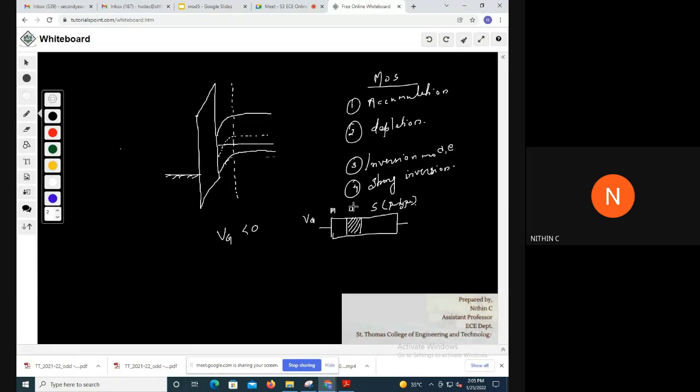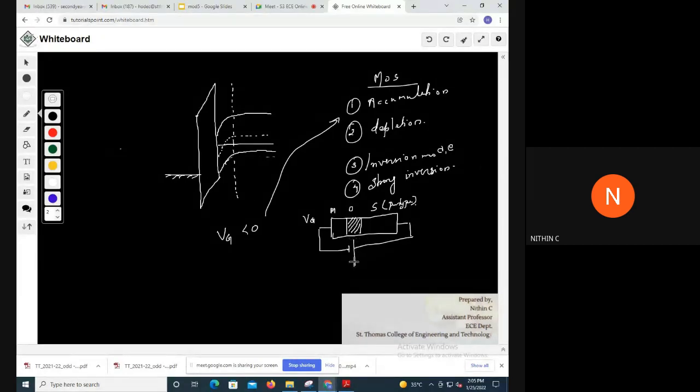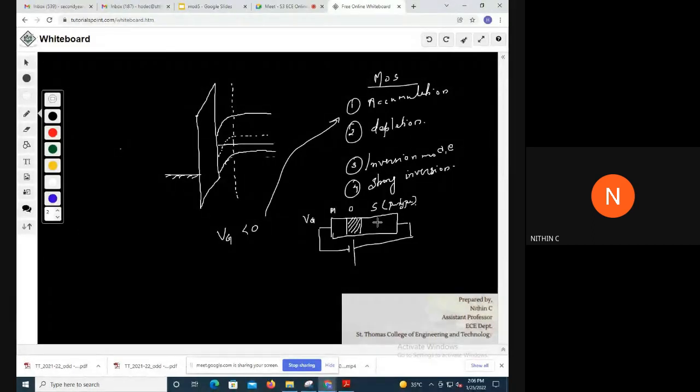Okay. So VG, that is the voltage applied over here, will be negative or less than 0 in case of accumulation mode. And in the case of accumulation mode, what happens is that the holes will get repelled towards the interface.